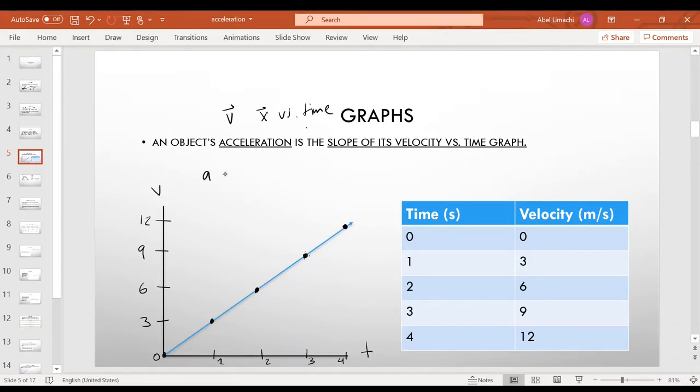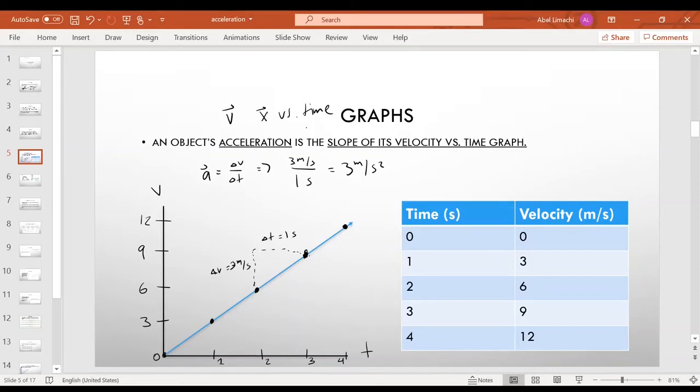So we know that acceleration is equal to delta V over delta T. Well, if we look at this graph and do the rise over the run, from 2 to 3 seconds, you see that the delta V is equal to 3 meters per second, and then the delta T is equal to 1 second. So then you get 3 meters per second over 1 second. This gives you the 3 meters per second squared we got earlier.